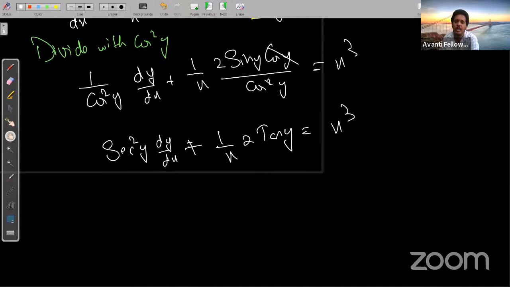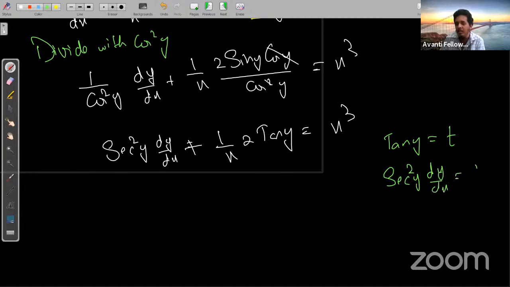Now tell me which one can be taken as t, such that the other one will become dt? This is a very important point. If you take tan y as t, then if you differentiate with respect to x, secant square y dy by dx will become dt by dx.